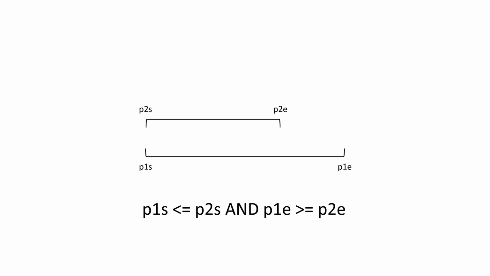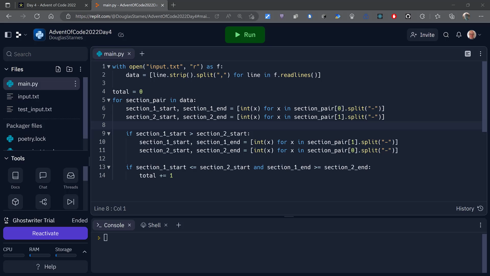Well, that doesn't catch this case, in which they start at the same place, but the end of the first is actually less than the end of the second. So we're going to have several instances in which they start at the same place, but we didn't catch those.